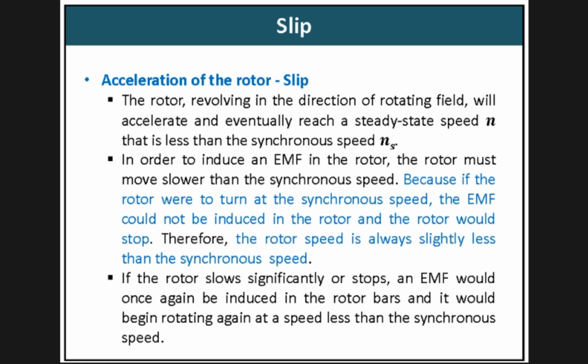So then again EMF will be generated, and torque will be applied on the rotor and it starts to rotate. So like that, when it comes to a steady state, it is running at a slower speed than the synchronous speed, the rotating magnetic field speed.